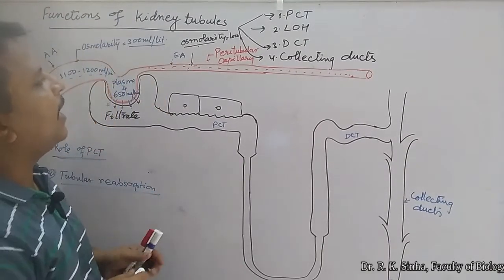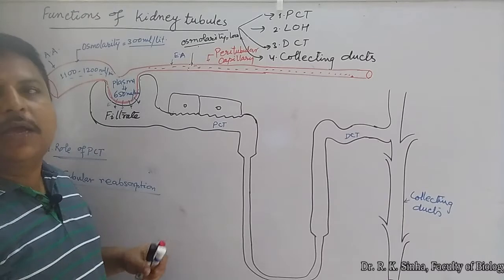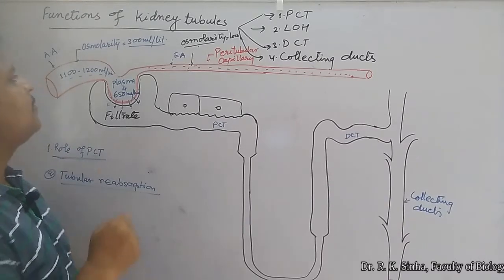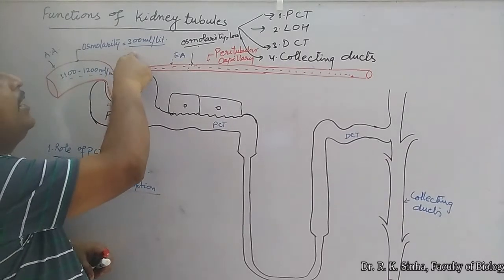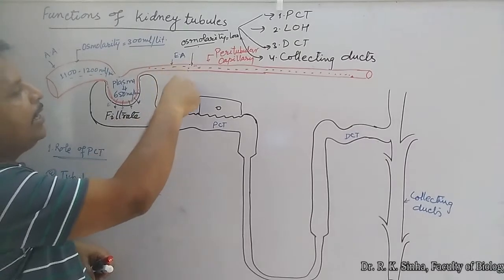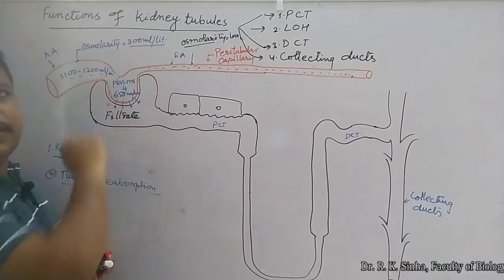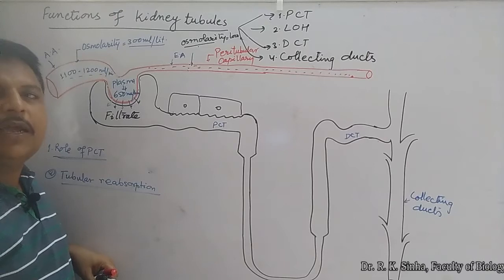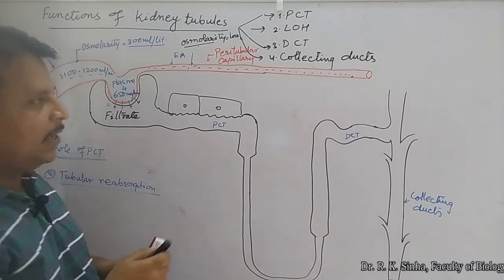What is the meaning of hypotonic, hypertonic and isotonic? Listen here. If the osmolarity of the body fluid or interstitial fluid is less than 300 milliosmol per liter, it is known as hypotonic.